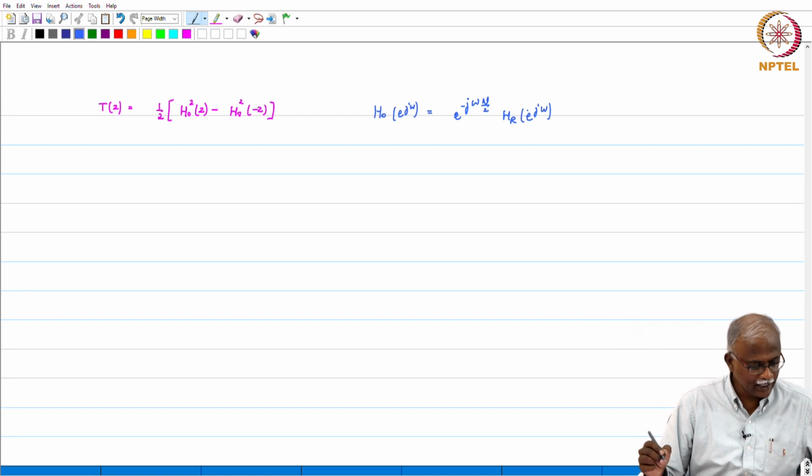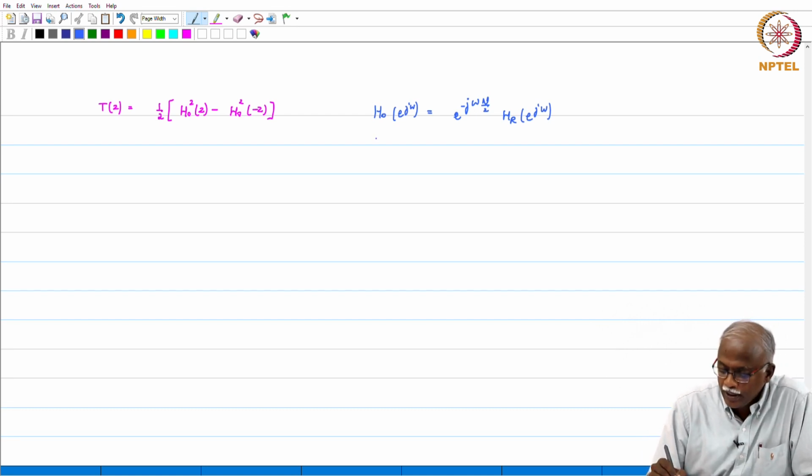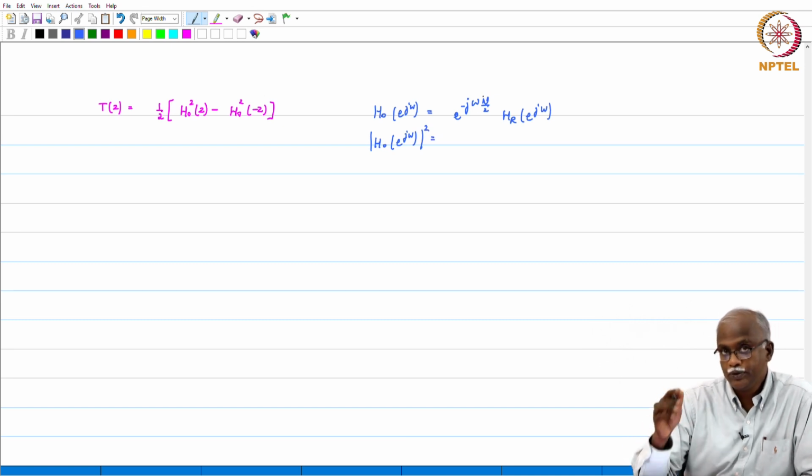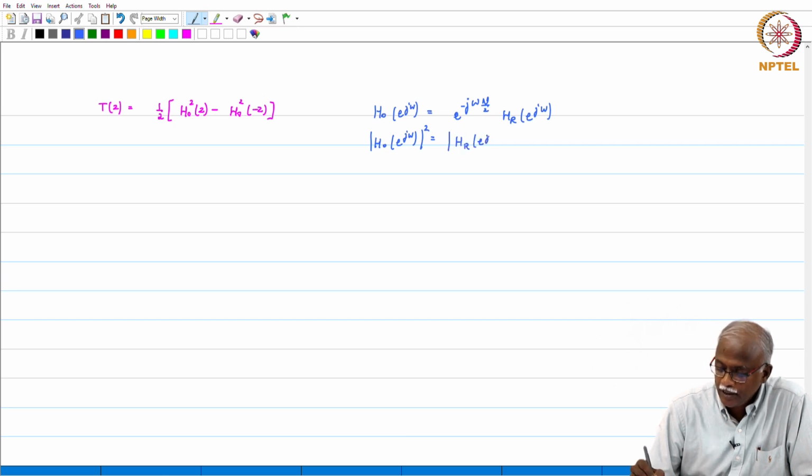Let us just get the expressions and then substitute. So H naught e of j omega magnitude squared will be equal to e power j omega n by 2; that term will go away because we are taking the modulus. This will be H r e of j omega magnitude squared.